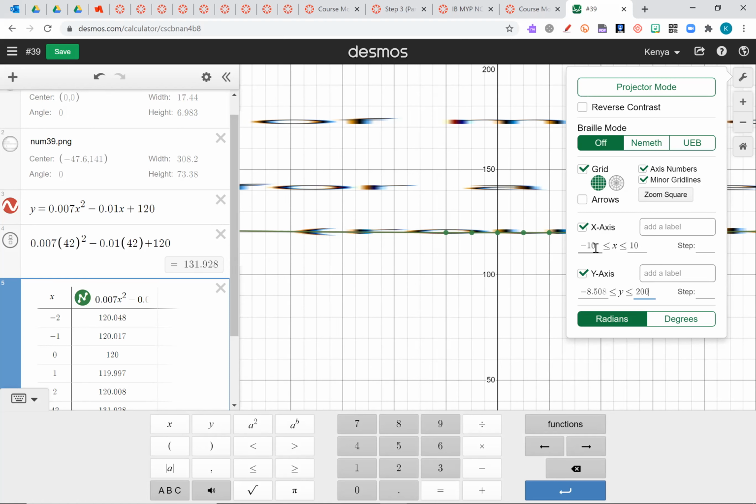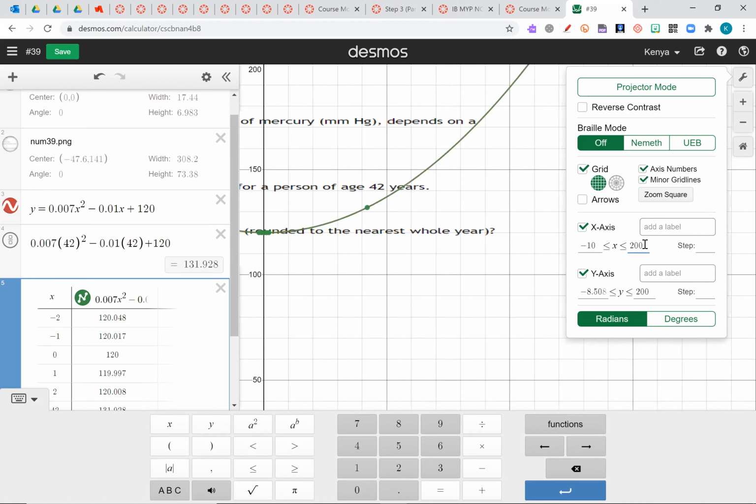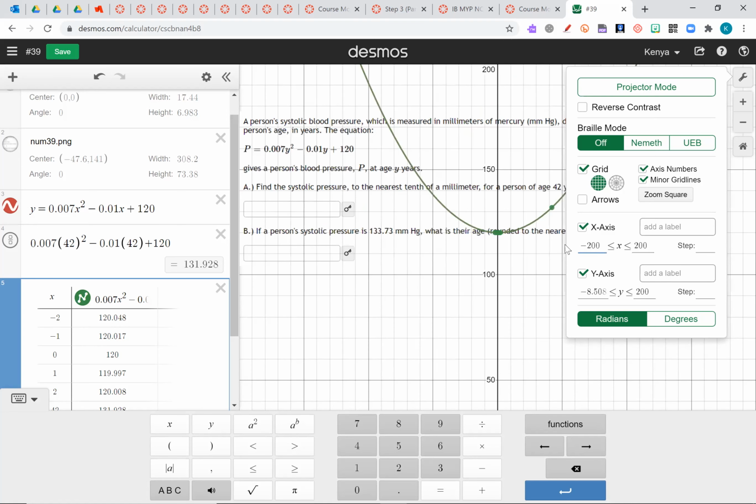So I'm going to widen my domain to 200. Ooh, look at that. And let me do it on the other side so I can see both sides of the graph. So negative 200. And there we go. So now we can see the parabola pretty well. Okay, so the question was, when is it going to be 42?